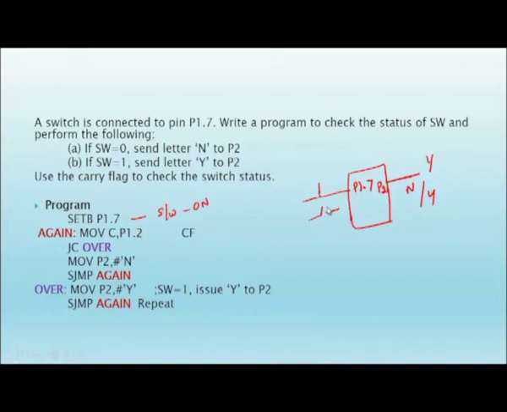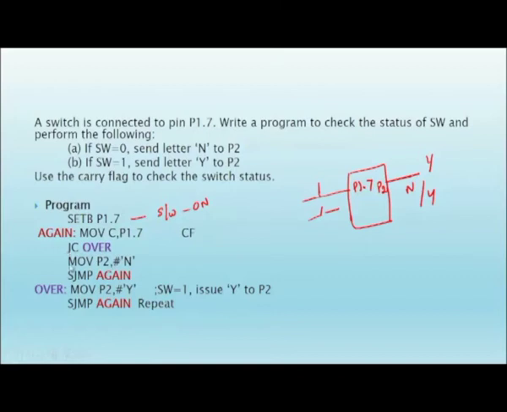First the switch is on, then via the carry flag I want to check whether it is 1 or 0. For that, MOV C, P1.7; the corresponding bit is read into the carry. Now, I am checking the carry. If carry is set, okay, I am moving, because it indicates it is 1. If it is 1, I want to move it as a yes.